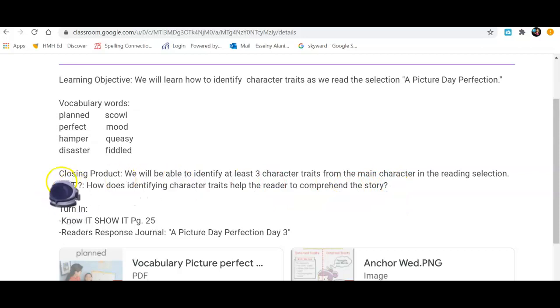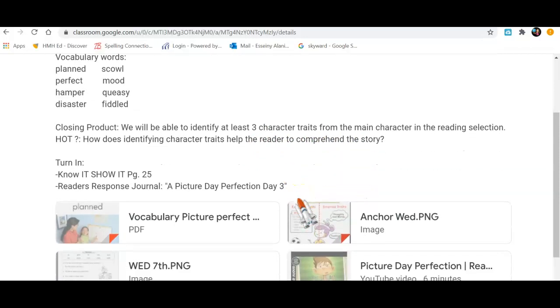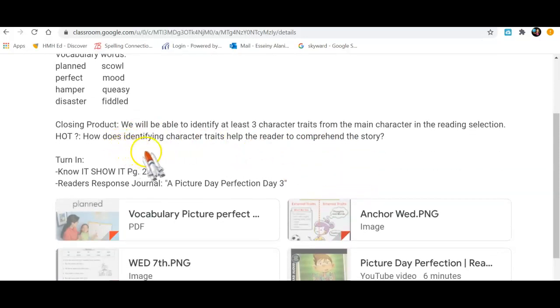And this is our higher order thinking question: How does identifying character traits help the reader to comprehend the story? So as we're reading, we need to think about that.